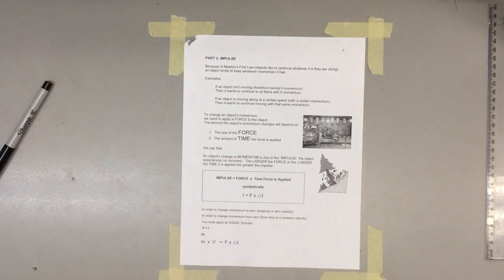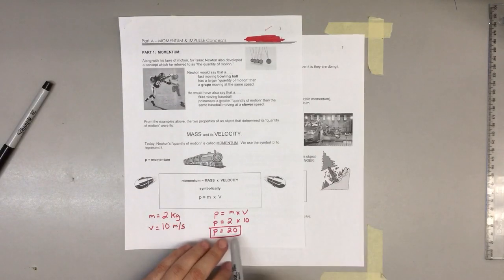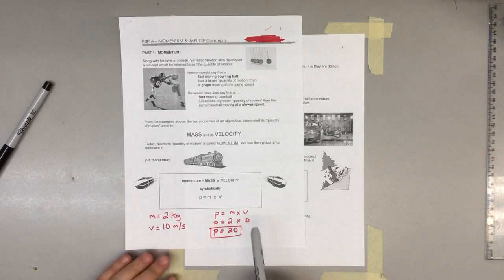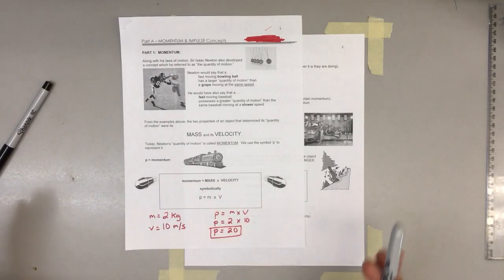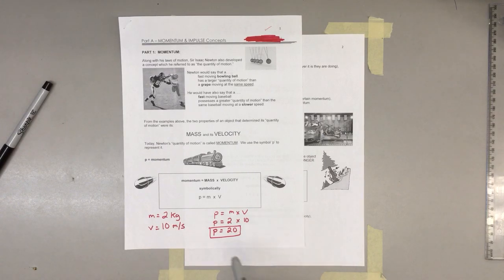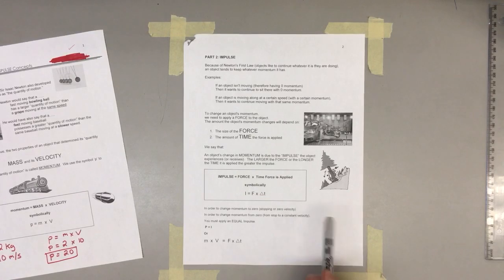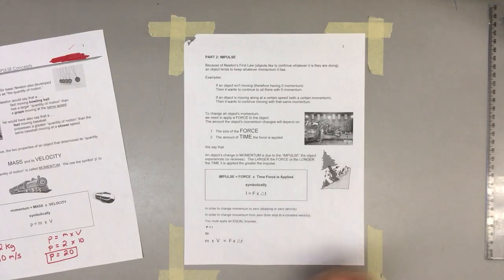Now, impulse and momentum are going to be equal. So if that kettlebell had a momentum of 20, to change its motion from 10 meters per second all the way down to 0 meters per second, we would have to apply the same impulse as its momentum. Since the momentum was 20, we would need to apply an impulse of 20 to stop that.